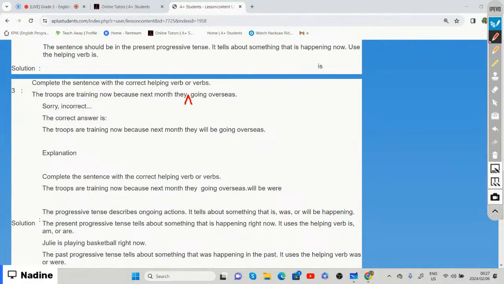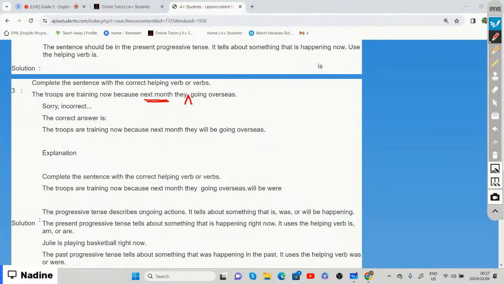They going overseas next month. Is that telling us about the present, which is now? Is it telling us about the past that happened already? Or is it telling us about the future that will be happening? Because it's saying next month.